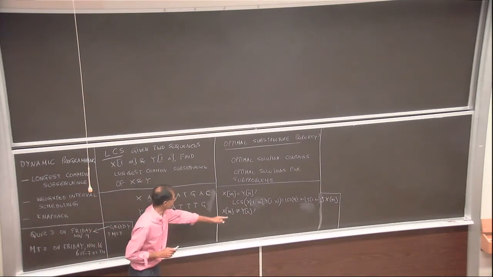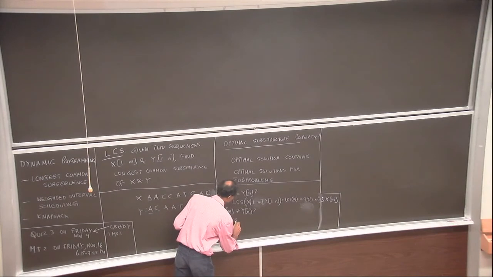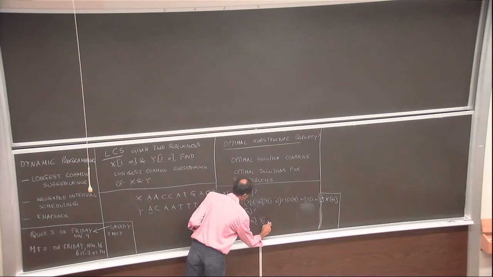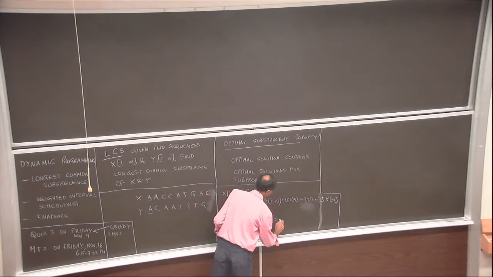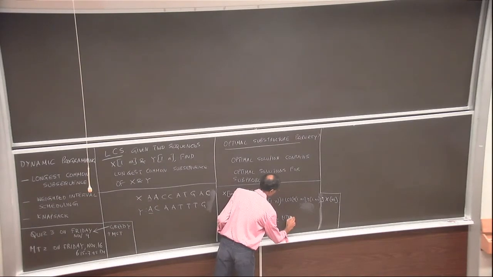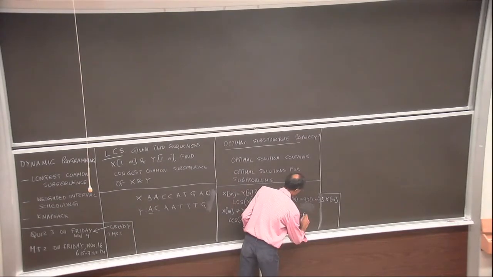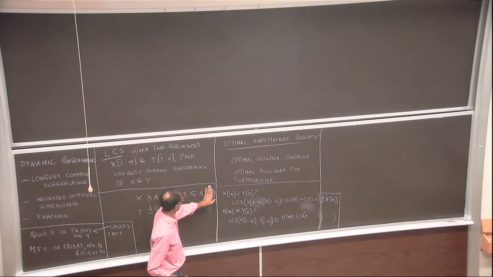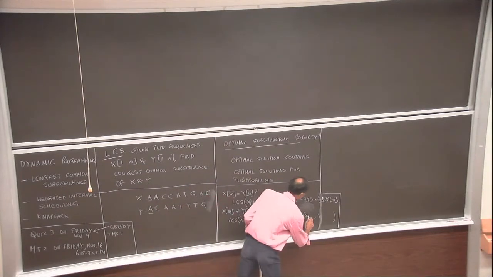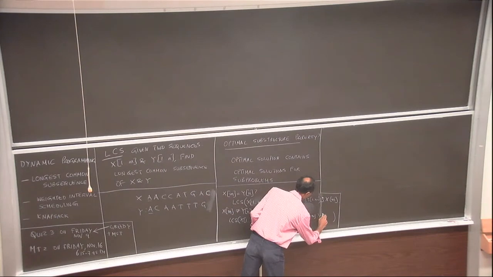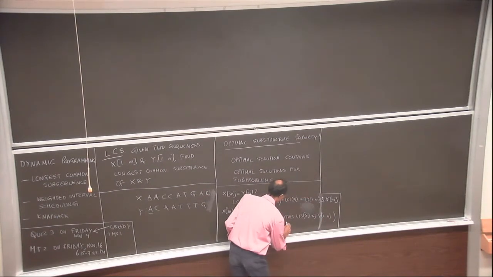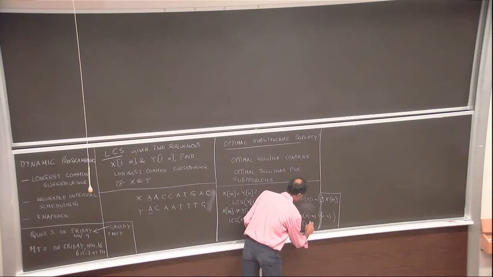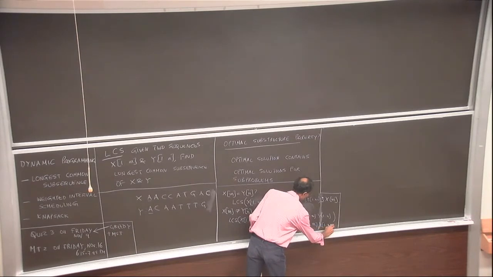So if xm is not equal to yn, I can say that LCS is either LCS of x and y, where I remove the C, so 1 through m minus 1 and y 1 through n, or x 1 through m and y 1 through n minus 1.